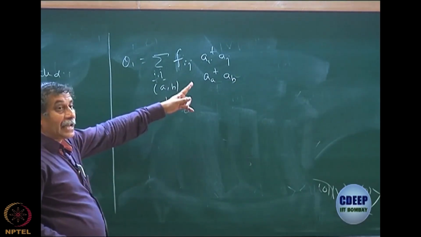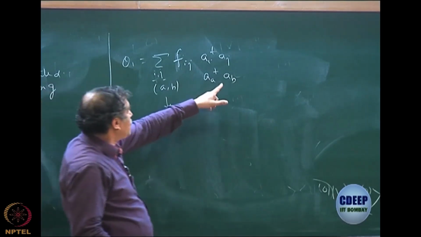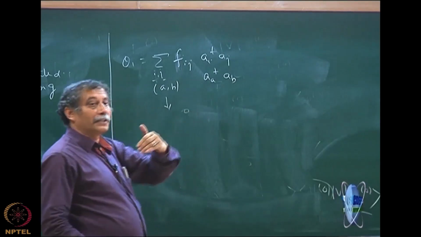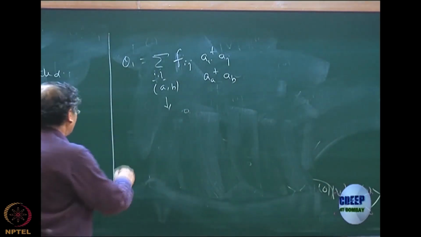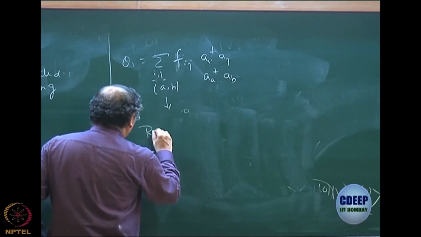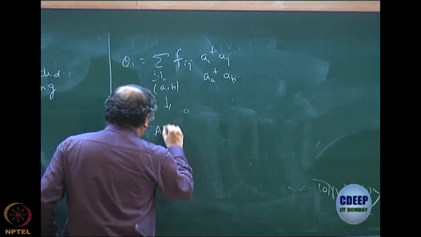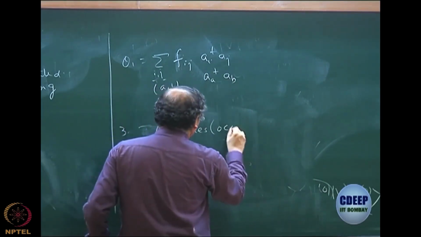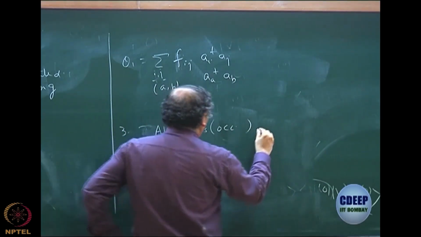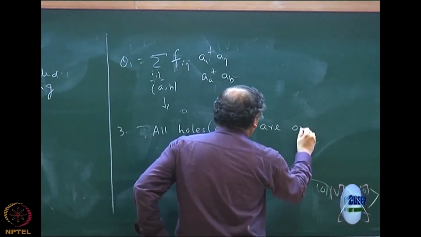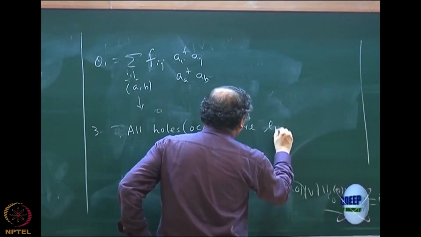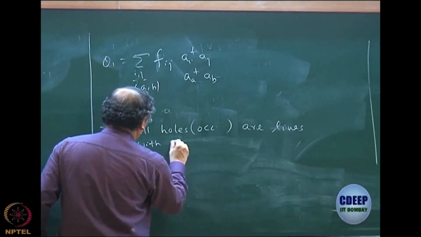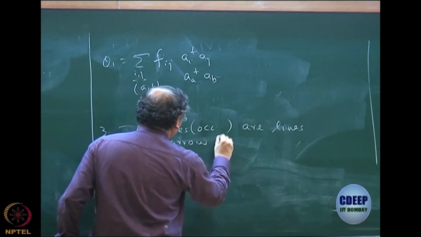So b is annihilated, so the line b must go into the vertex, the line a must come out of the vertex. Then there is a rule 3 before you do that: all holes, that is, occupied orbital lines, are lines with the arrow pointing downwards.